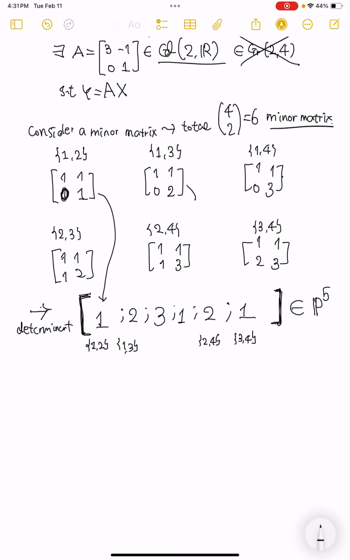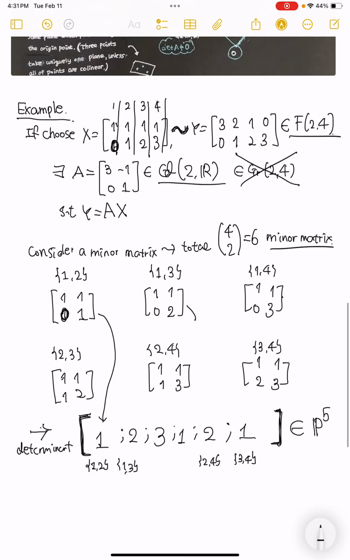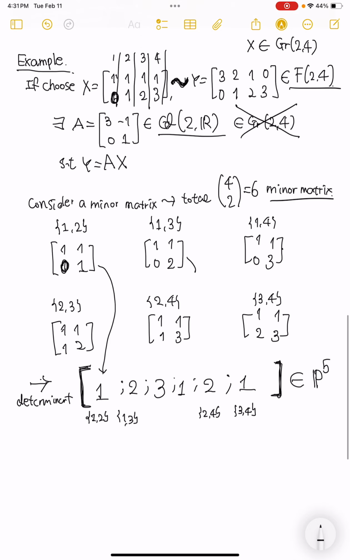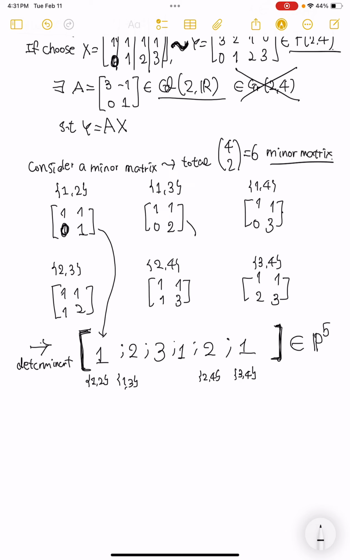So because these are equivalent, X lives in Gr(2,4) as an equivalence class.